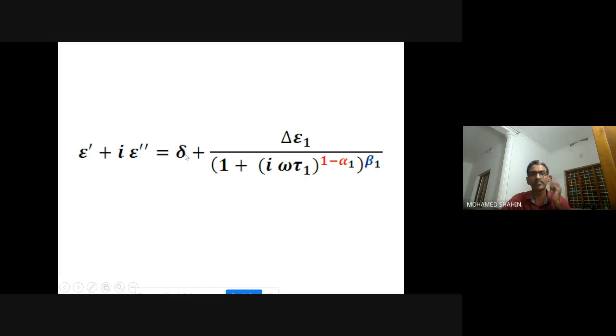We have epsilon infinity, which I put in some other symbol, plus delta epsilon divided by (1 plus i omega tau) to the power 1 minus alpha plus beta.